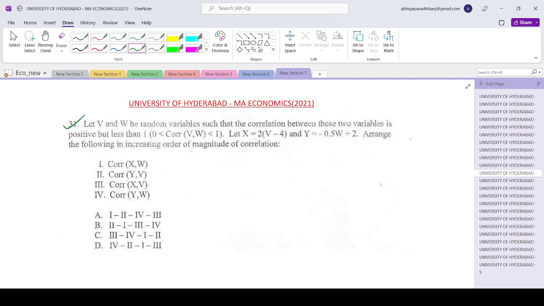Now if you look at it, x is not related with w, right? Because x is defined only in terms of v. So it's not directly related in that way.